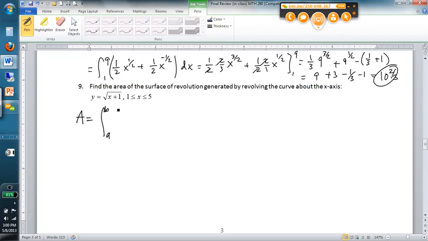A to B, 2 pi f of x, 1 plus the arc length. Take 2 times f of x times the square root of 1 plus f prime of x squared dx.